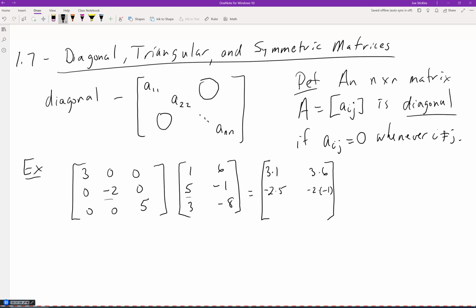Again, did the numbers actually matter? No. If I added more columns on, would you get the same form for the products? Yeah. So again, it looks like the negative 2 just gets distributed across the row. And then likewise, in the last one, you're going to get a 5 times 3 and a 5 times negative 8, right? You see it?